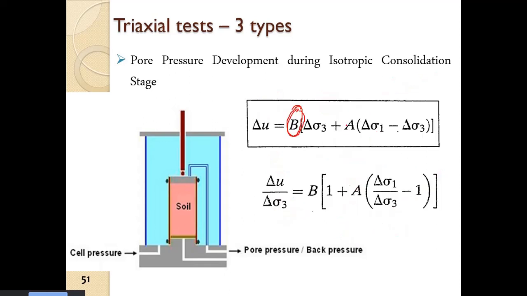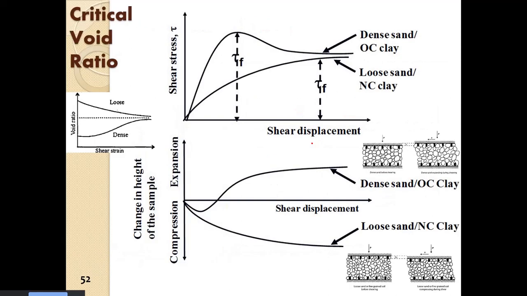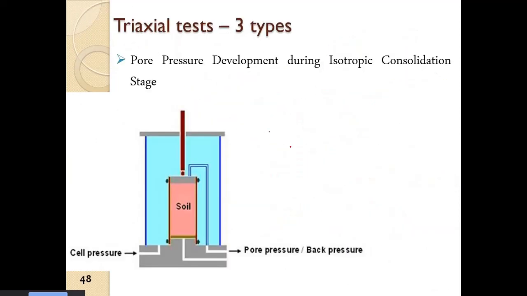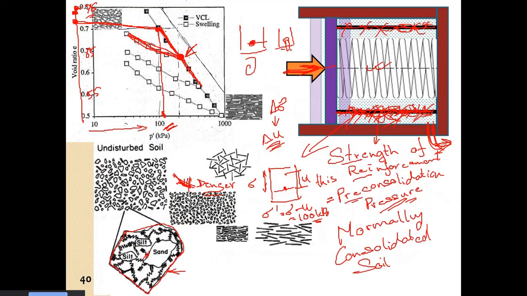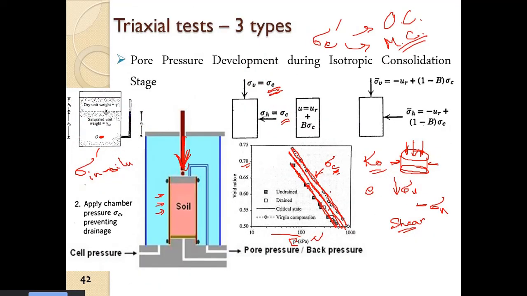So in the next class, we will discuss the A parameter. Before that, we are going to discuss one very important point of soil, that is the critical void ratio. What is the critical void ratio? As we have discussed in this slide, this is a critical state line, a critical void ratio line basically.